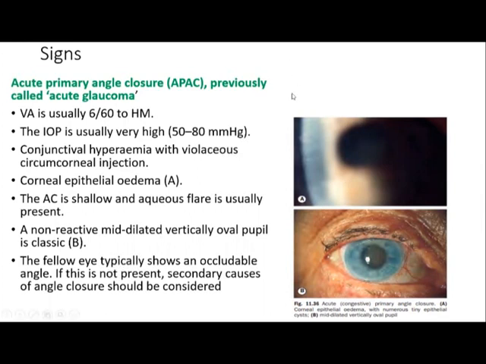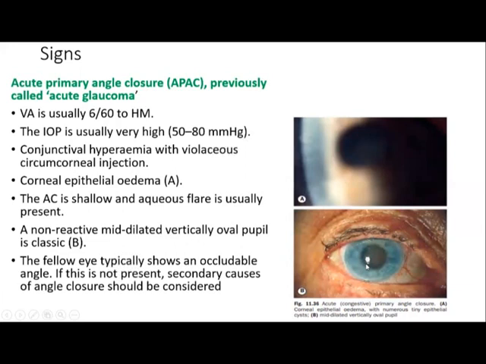In this first picture, we can see corneal epithelial edema in primary angle closure. Then tiny epithelial cysts also we can see. The B picture shows a non-reactive, mid-dilated, vertically oval pupil, and violaceous conjunctival hyperemia with violaceous circumcorneal injection is also there in this picture.